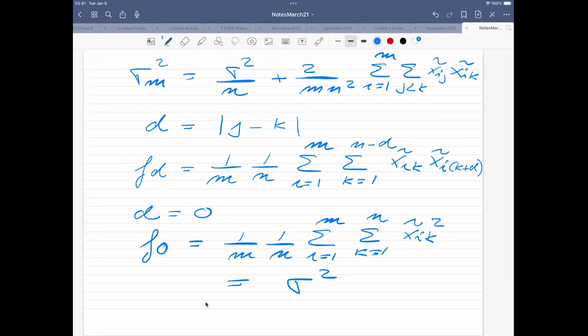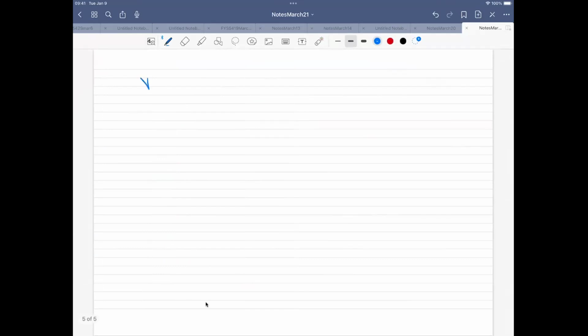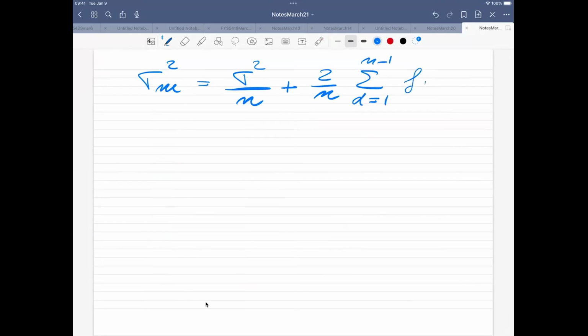So it means that I can now rewrite my sigma m squared equal to sigma squared divided by n plus 2 divided by n. And then I have a sum from d equal 1 up to n minus 1. And this has this function f of d.